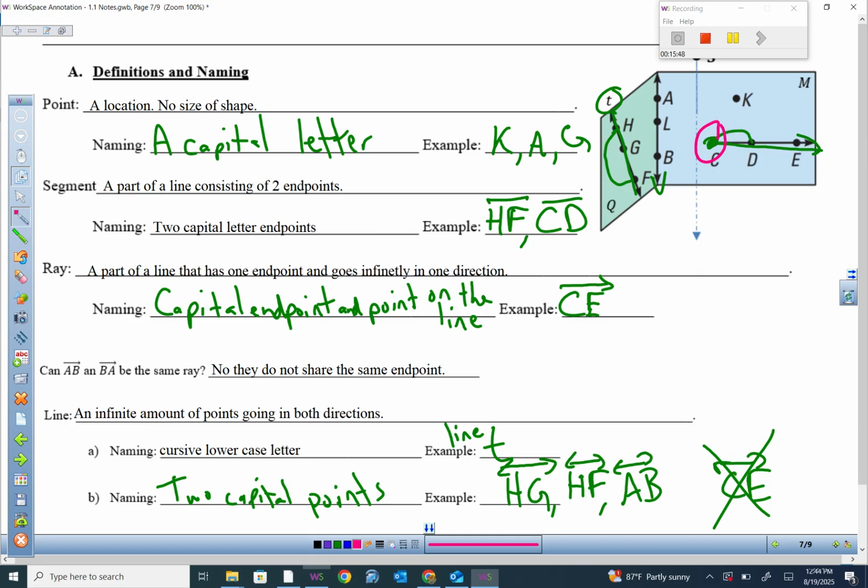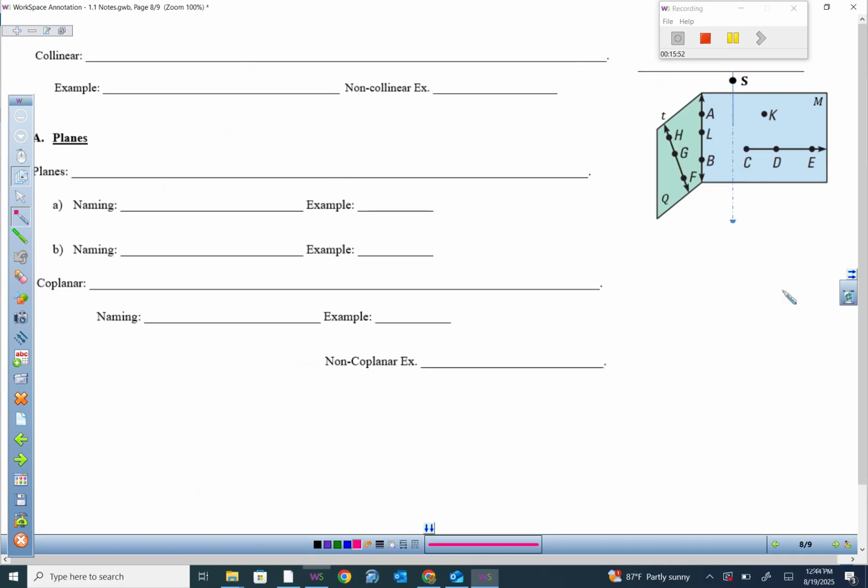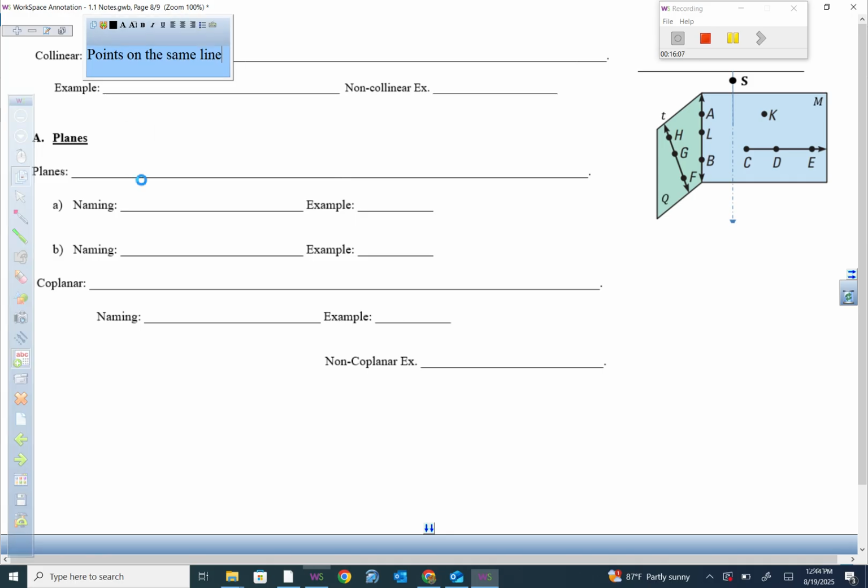Okay? Alright. Collinear. So let's talk more about lines still. Collinear means points on the same line. I think like co-ed, it means both, right? It means boys and girls. So collinear means they share the line. They're on the same line. So we know line T works. So H, G, and F, those are collinear points.